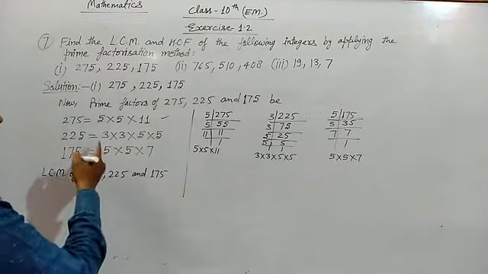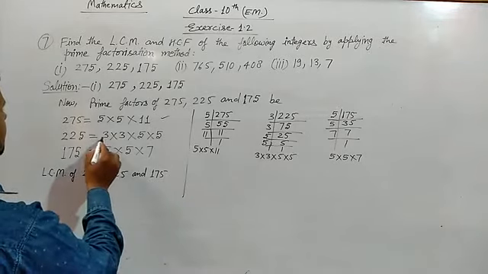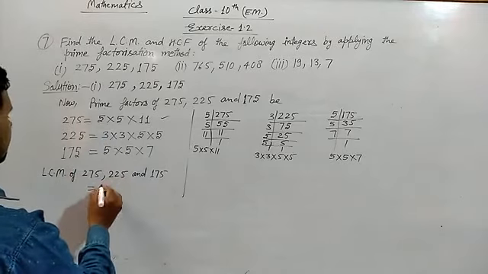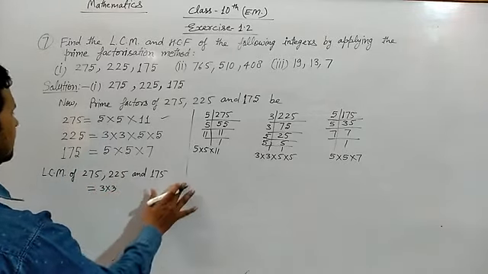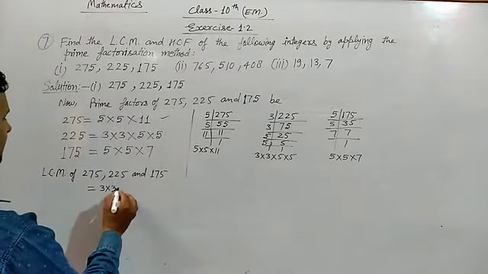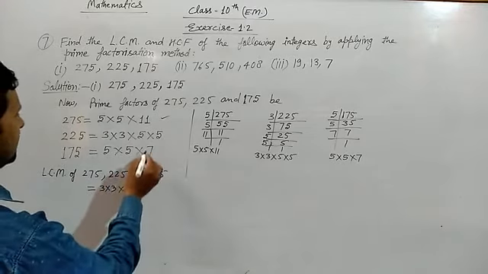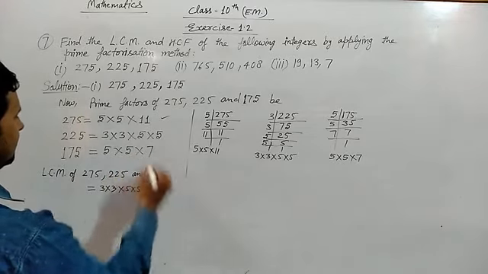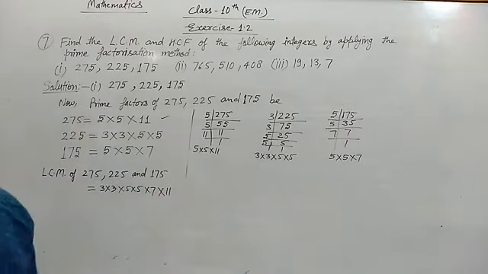We take 3 into 3. Now 5 into 5 is common here, so we can take 5 into 5 common. And now 7 is remaining here and 11 is remaining. In this way we have to write it in this case.